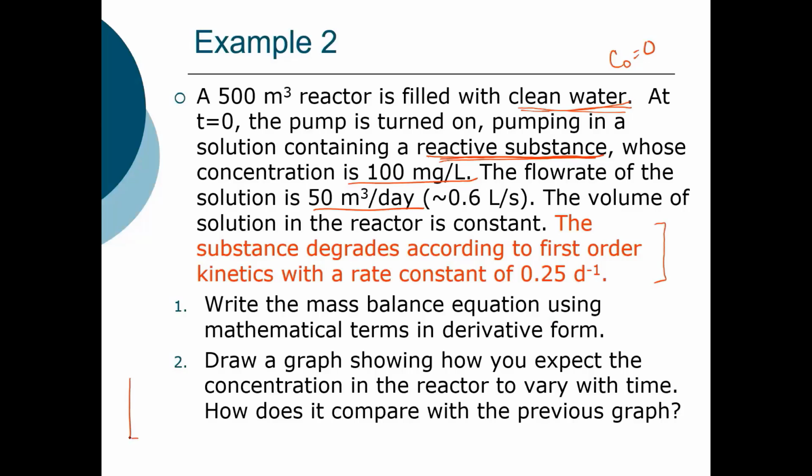So here's my graph, and I have concentration with time. At time 0, we have concentration 0. Okay, so that instantaneous point in time as that pump is turned on. Before it went to 100, it's going to be less. Okay, let's look.